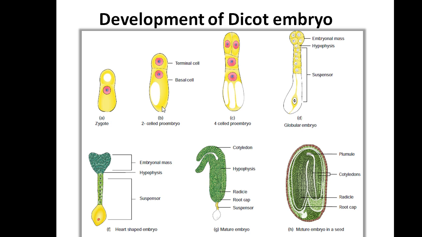It becomes a two-celled proembryo, then a four-celled embryo, then a globular structure with embryonal mass, hypophysis and suspensor. In the next stage, the heart-shaped embryo. This is a mature embryo in the seed, with the cotyledons. The plumule becomes the future plant stem. The radicle becomes the future plant root, and the root is covered by the root cap.